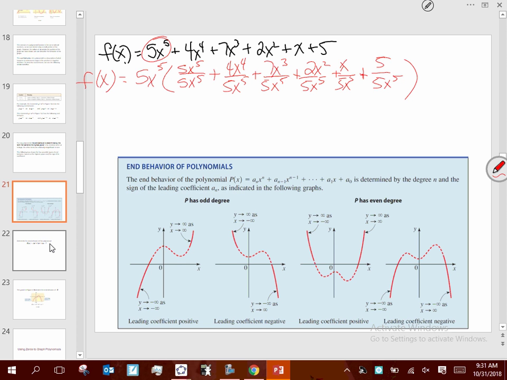Now I want to go through and actually reduce these. We have 5x to the 5th up front. What's this reduced to? 1. Plus now I'm going to have 4/5, but where's the x? It shows on the bottom, right? This was going to be 7/5, and where's the x going to be? The bottom, and it's x squared.